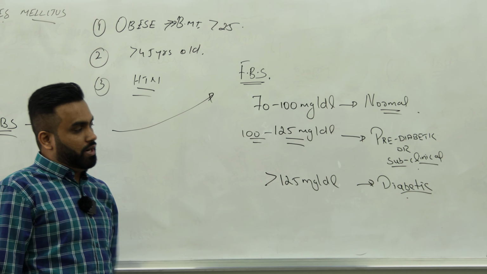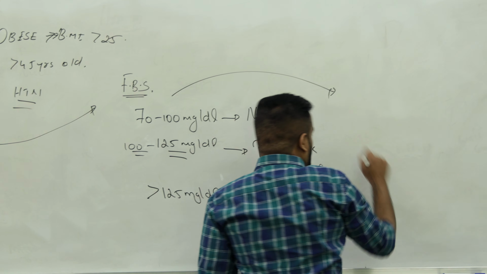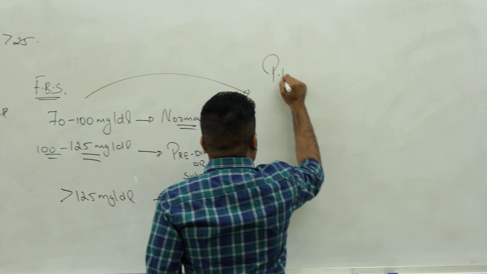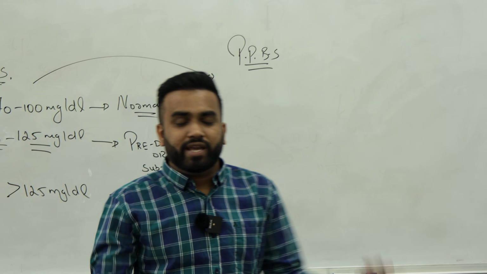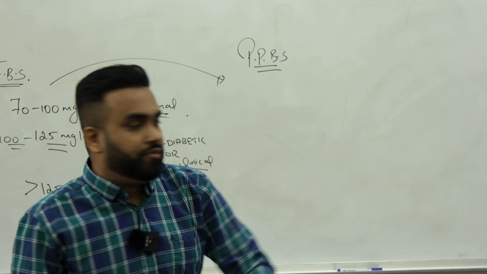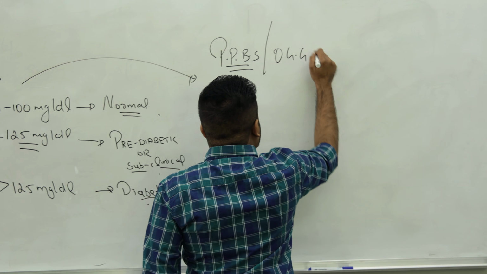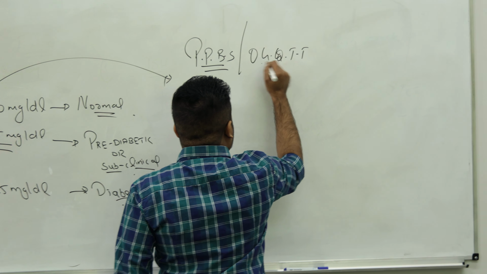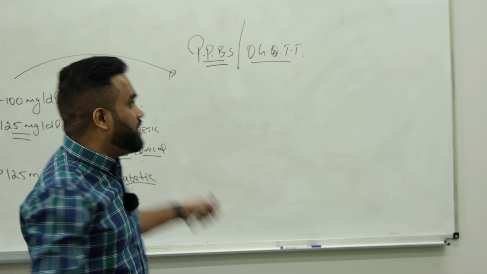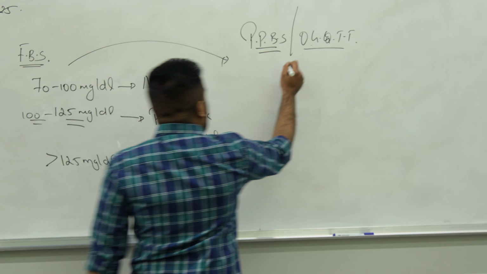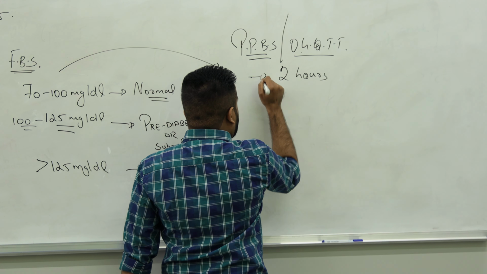More than 125 in fasting level, right? Then, to confirm again, we will ask for postprandial blood sugar after eating, or I can give oral glucose to him. We call it the oral glucose tolerance test. I will give him glucose, or I will ask the patient to eat some food, and after 2 hours I will check his blood.